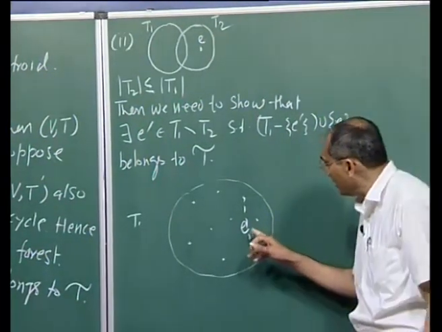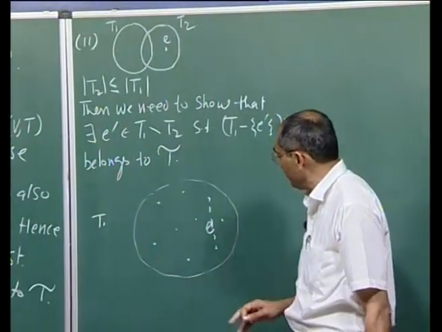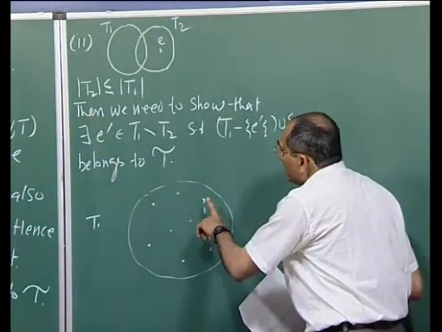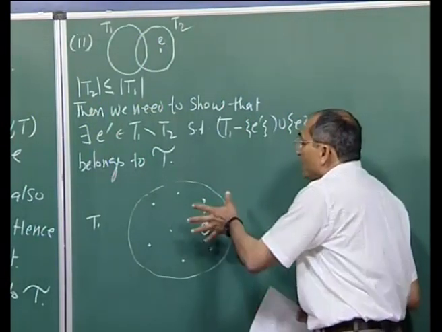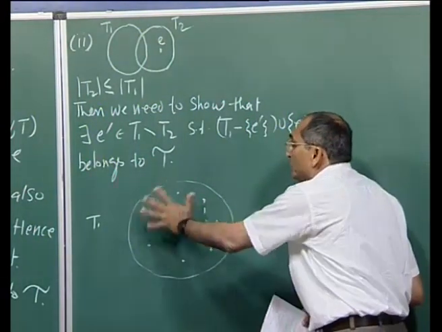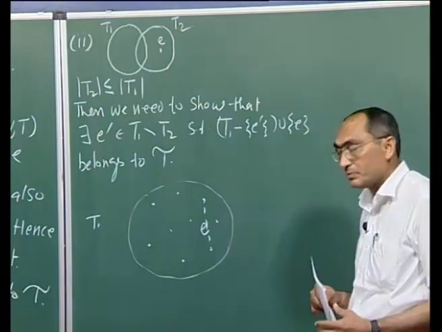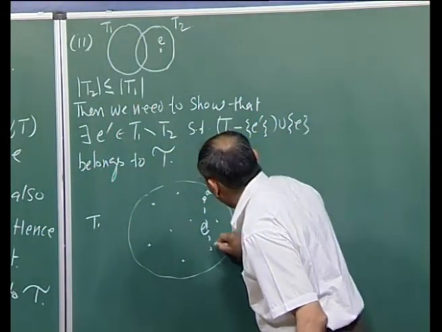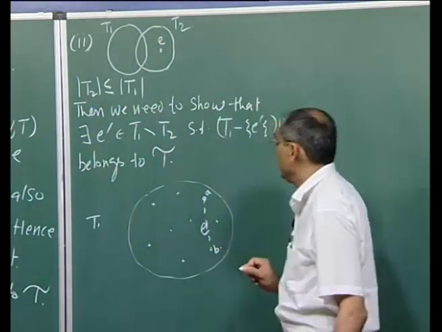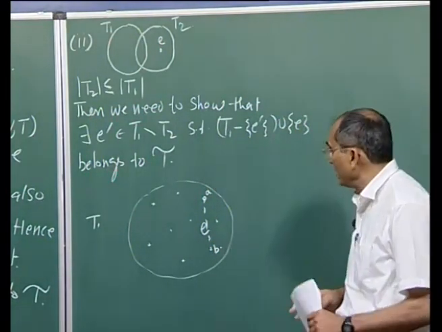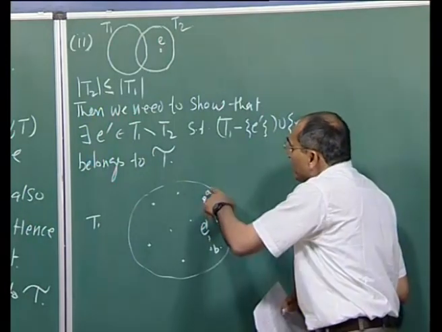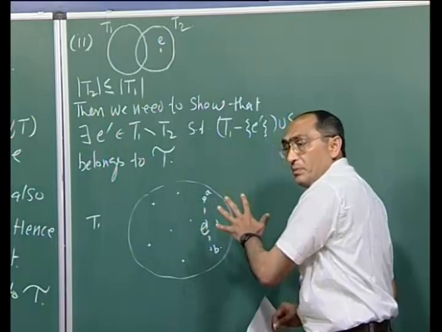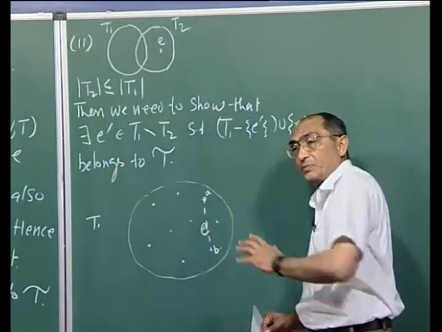So E is not a member of the graph T1. Suppose we add this edge into T1, and let us suppose these are the two vertices A and B. If we add E inside this graph T1, then maybe a cycle is formed.